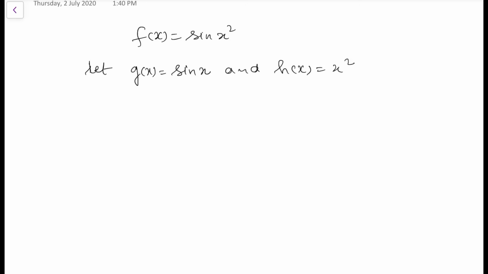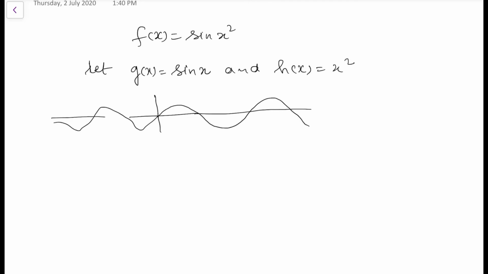Now we know that sine is a continuous function. It is continuous everywhere in its domain, and x square, that is h(x) equal to x square, is also a continuous function. This is a parabola, so it is continuous everywhere. Both the functions are continuous.